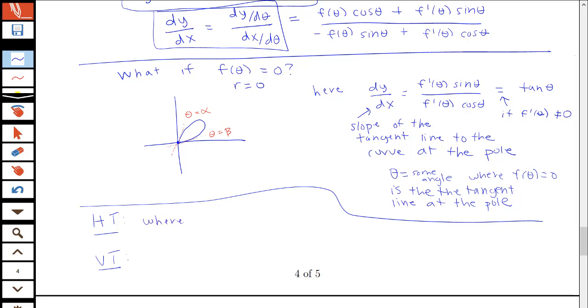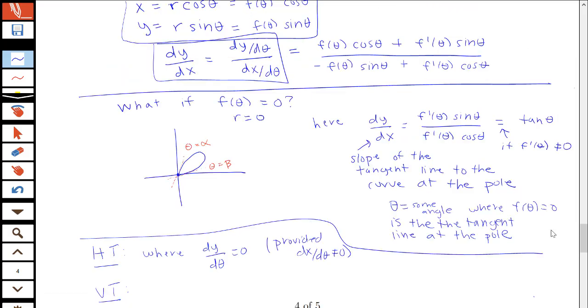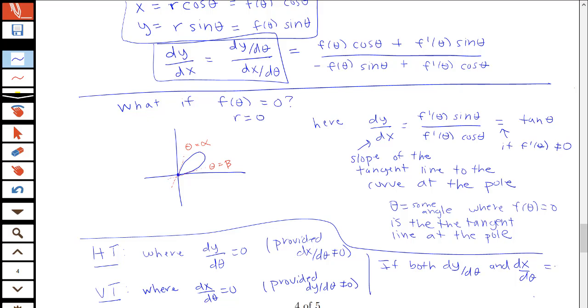So we have horizontal tangents where dy d theta is 0, provided dx d theta is not 0, and vertical tangents where dx d theta is 0, provided dy d theta is not 0. And we know if both of those are 0, dy d theta and dx d theta equals 0, then we have to look at the limit of dy dx.